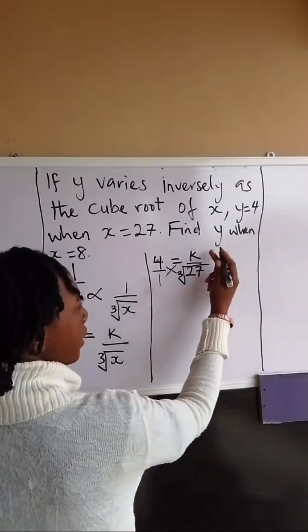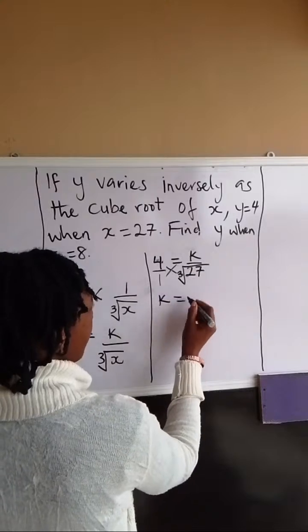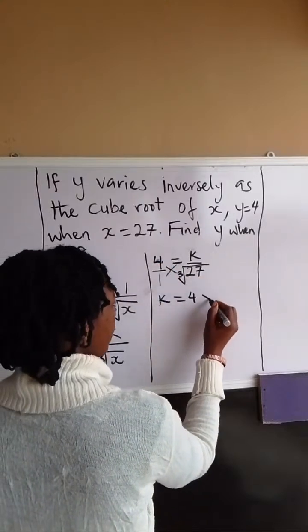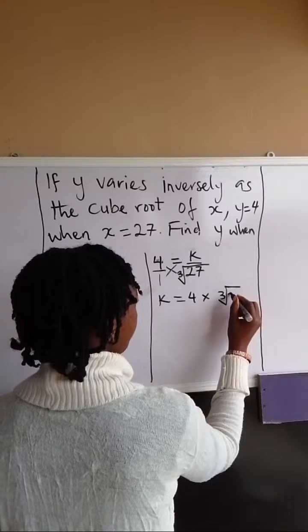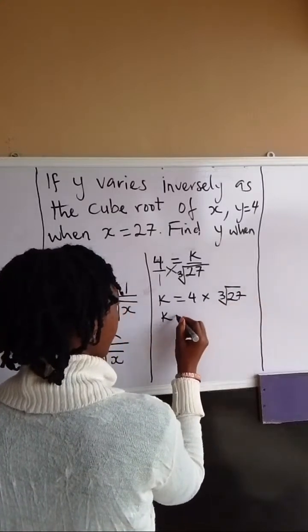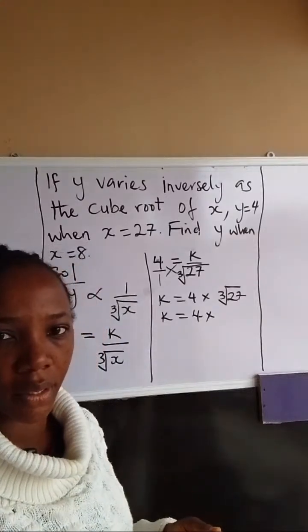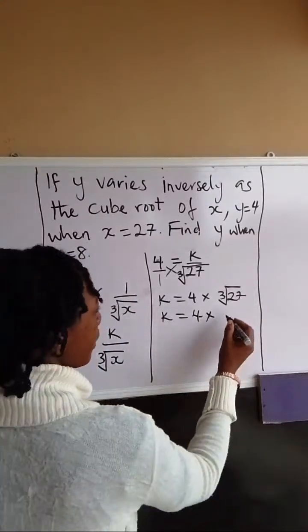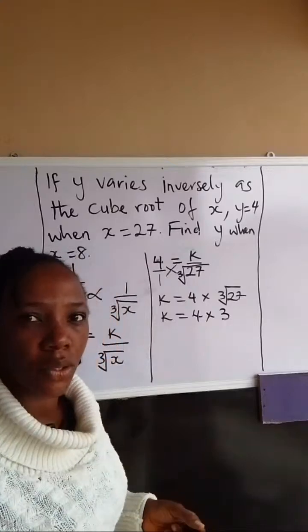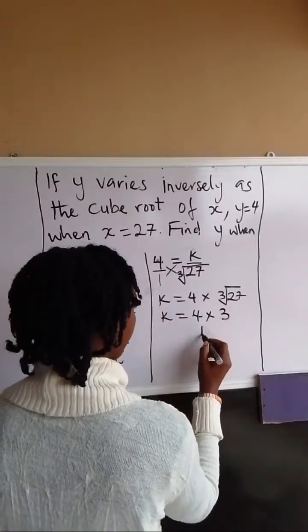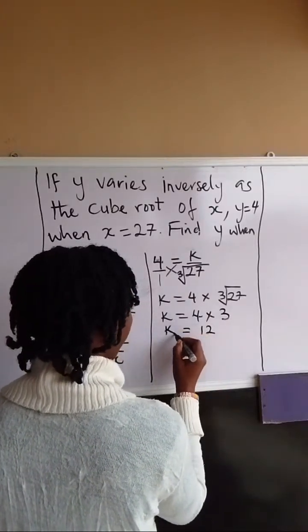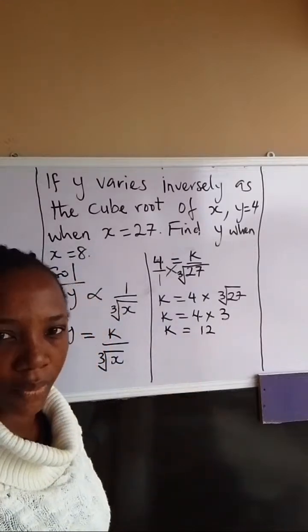We have 1 times k to give us k, and 4 times the cube root of 27. k will be 4 times the cube root of 27. The cube root of 27 is 3, is that not so? So 4 times 3 gives us 12. So our value for k is 12.